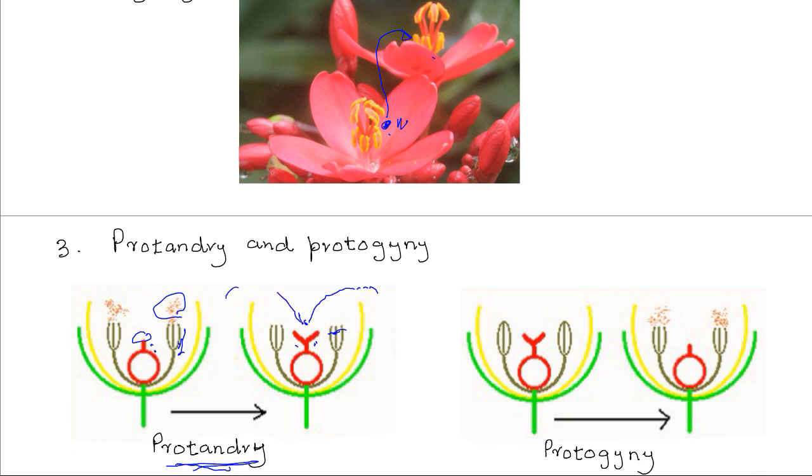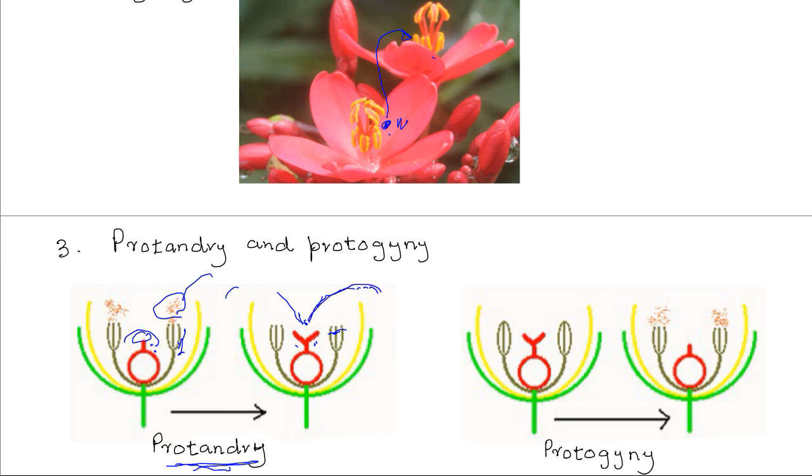Earlier on, the pollen grains produced by the then mature anthers have no way of effecting pollination on this. So the pollen grains are carried away to another flower. Later on, when the stigma is mature, ready to receive pollen grains, the pollen grains must come from outside. So this way, cross-pollination is effected.